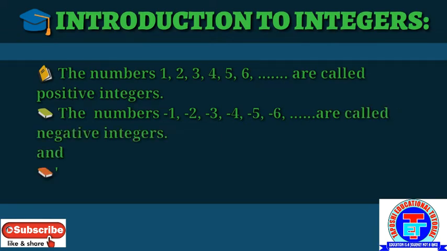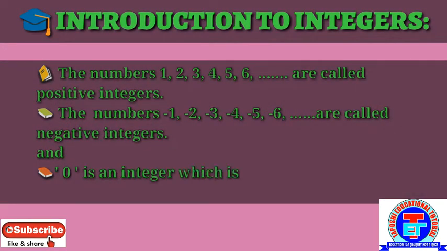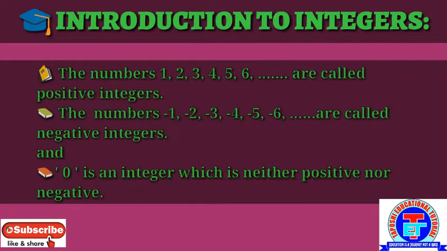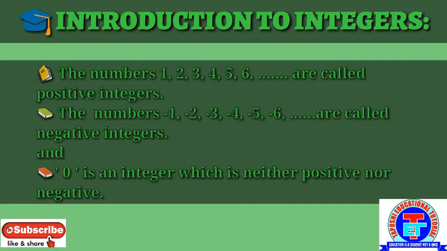The numbers minus 1, minus 2, minus 3, minus 4, minus 5, minus 6, and so on are called negative integers. And 0 is an integer which is neither positive nor negative. Right, student?